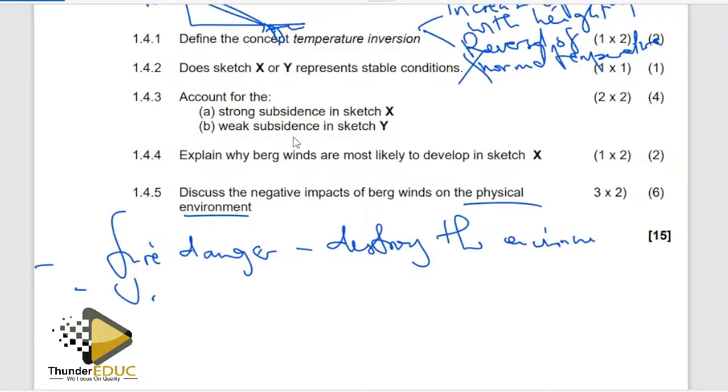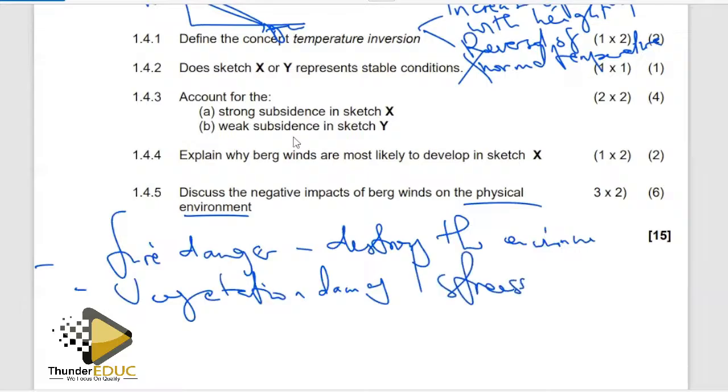Or you can talk of vegetation damage, because of moisture stress. The vegetation can be damaged because of moisture stress. There is excessive heat and there is excessive transpiration, and the moisture content in vegetation is going to get reduced and the vegetation can be damaged because of that.